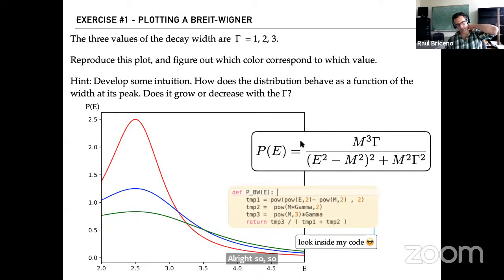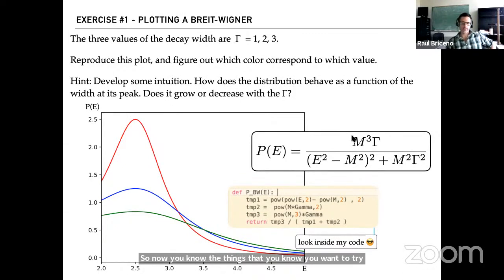So now, the thing you want to try to do in any distribution, any function that you see, doesn't have to be this one in particular, is think about what happens to the peak of the distribution as you vary the variables. If I make M bigger, the peak is going to shift this way.